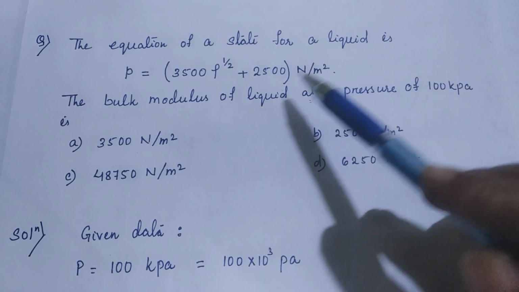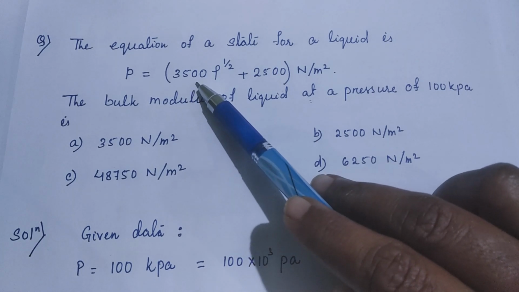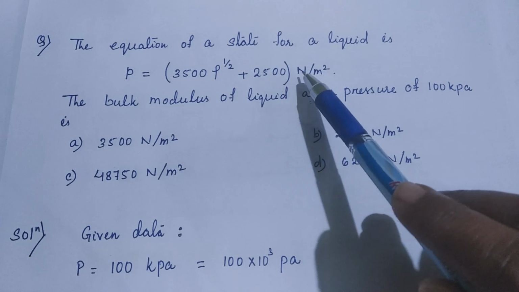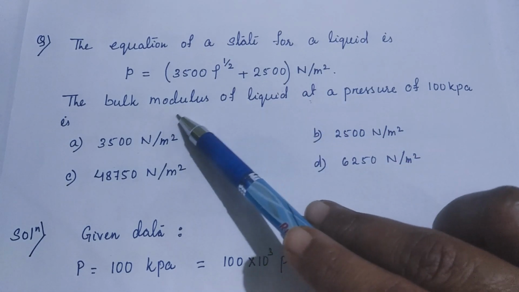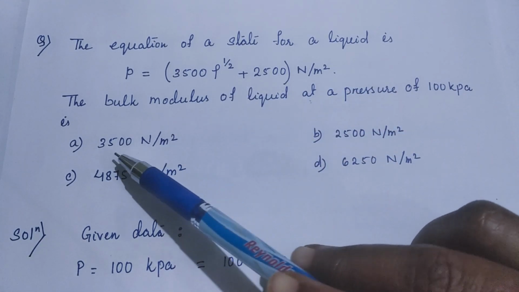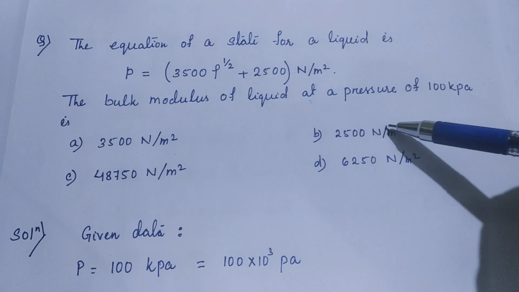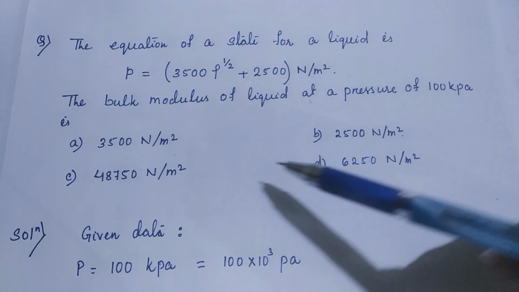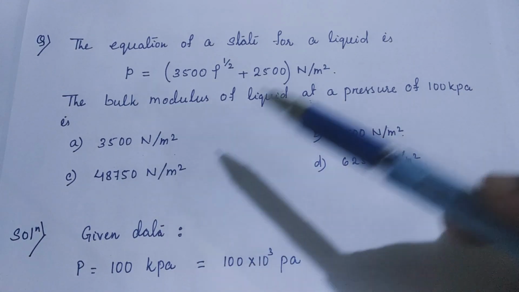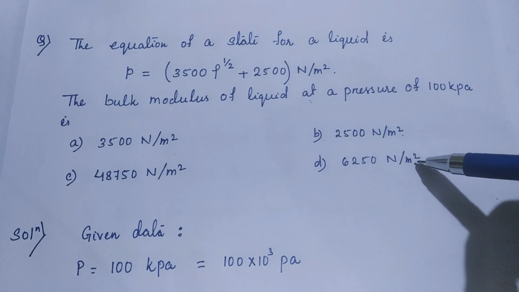Next question. The equation of state for a liquid is P equal to 3500 rho to the power 1 by 2 plus 2500 Newton per meter square. The bulk modulus of liquid at a pressure of 100 kilopascal is option A, 3500 Newton per meter square; option B, 2500 Newton per meter square; option C, 48,750 Newton per meter square; option D, 6,250 Newton per meter square.